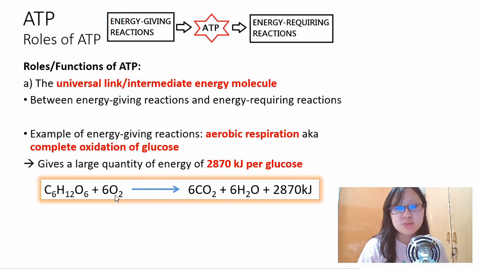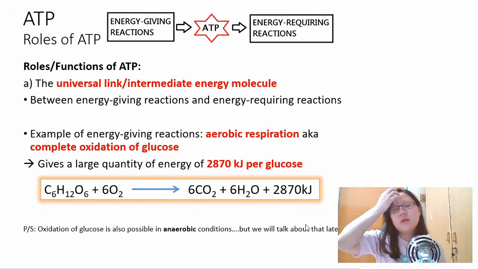C6H12O6 plus 6 molecules of oxygen would be converted to 6 molecules of carbon dioxide. Since there are 6 carbons in glucose, 6 carbon dioxide are produced. So basically all the carbons have been separated from the glucose molecule into 6 individual carbon dioxide molecules.